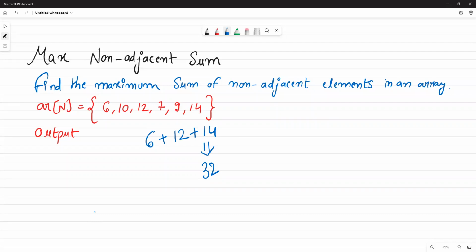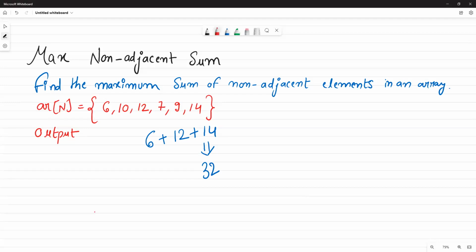Okay. So again, would you like to give it a try? I was thinking, how will we apply DP to this, like overlapping subproblems? How is it a DP problem? I mean, the numbers are going one way.